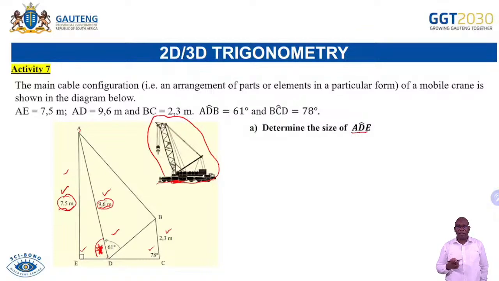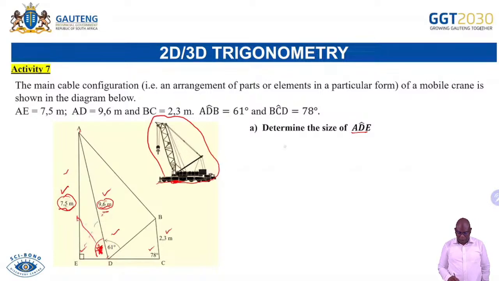If 90 degrees is given, just know trigonometric ratios: tan, sine, and cos. In this case, this side here is opposite angle ADE, and this side here is the hypotenuse. Which one uses opposite and hypotenuse? It's sine.